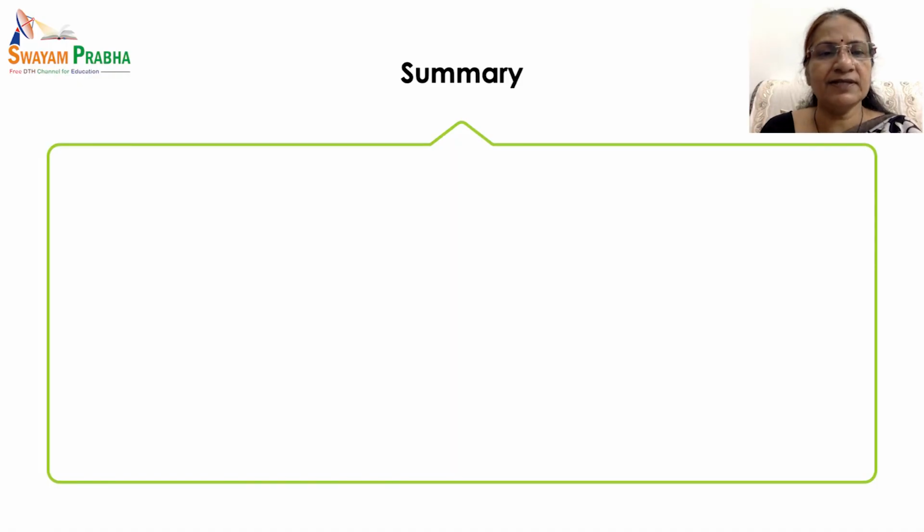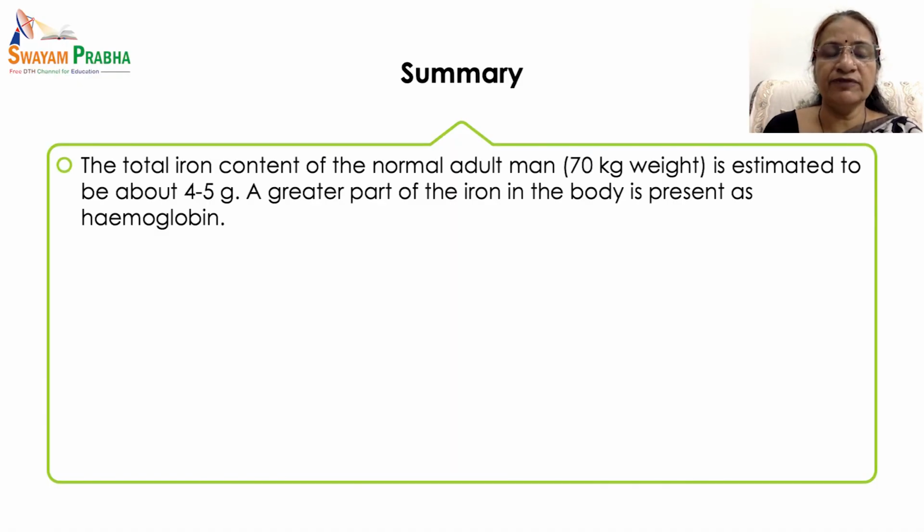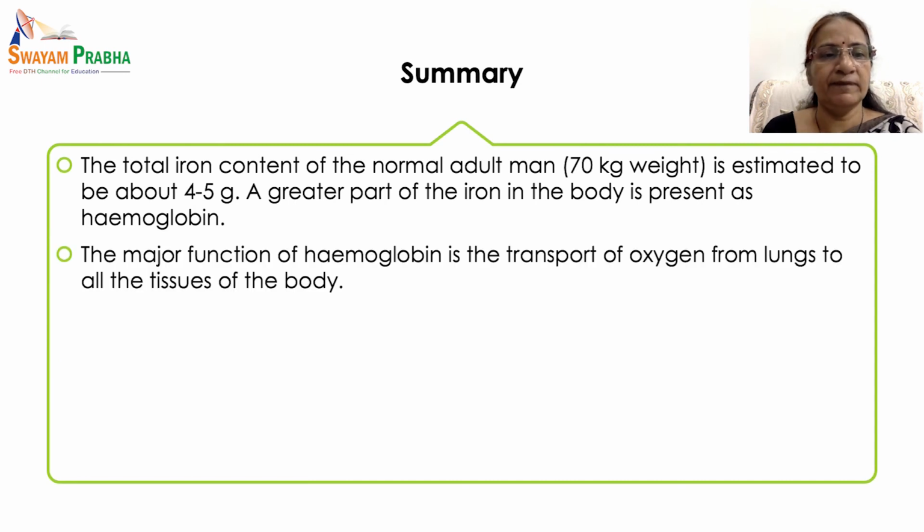Now let us summarize. The total iron content of the normal adult man of 70 kg weight is estimated to be about 4 to 5 grams. A greater part of the iron in the body is present as hemoglobin. The major function of hemoglobin is the transport of oxygen from lungs to all the tissues of the body.